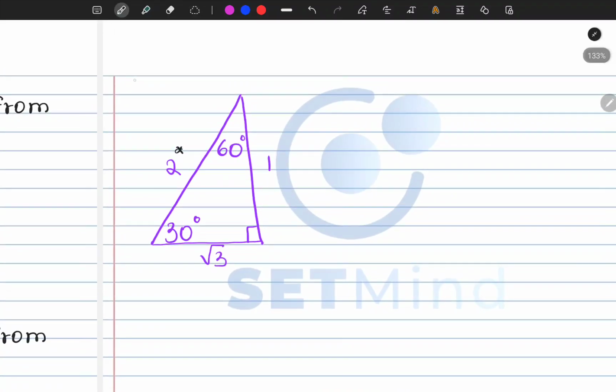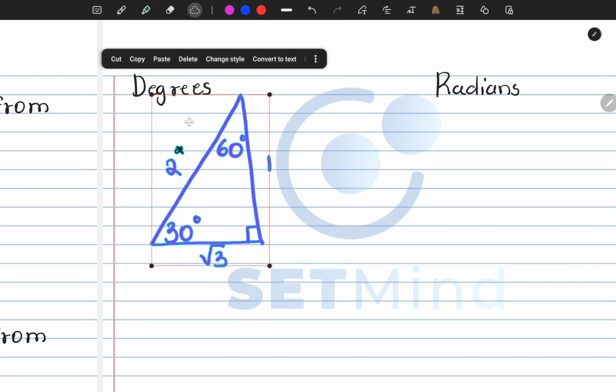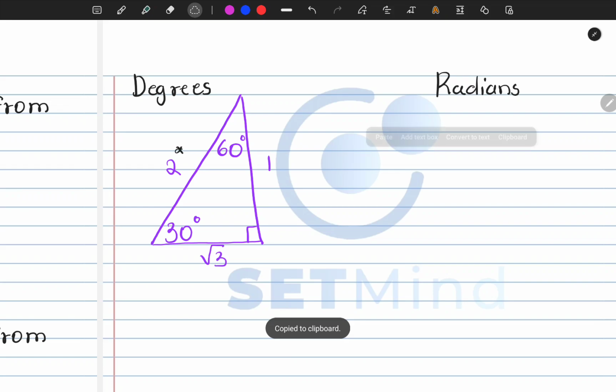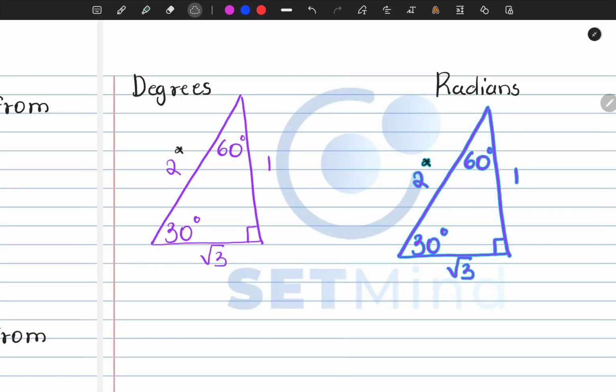This triangle is written in terms of degrees, and what we want to do on the other side is write it in terms of radians. So I'll just copy that, and then we go and replace the angles.